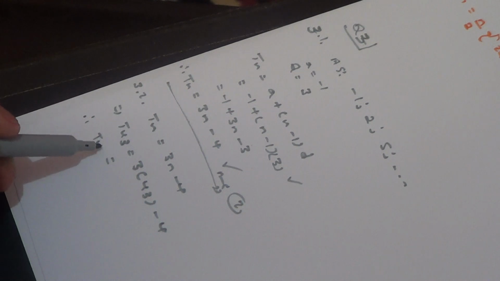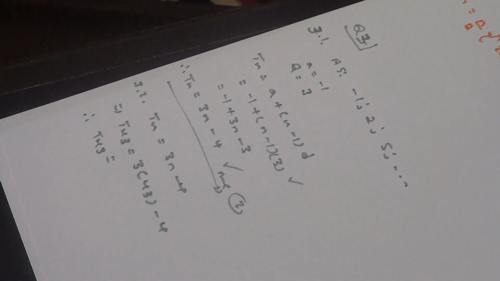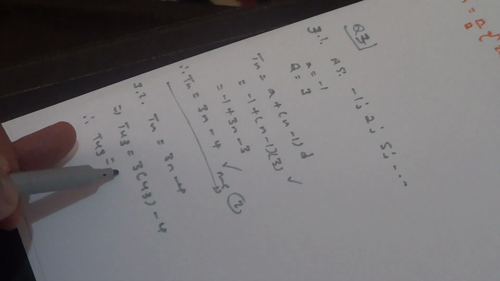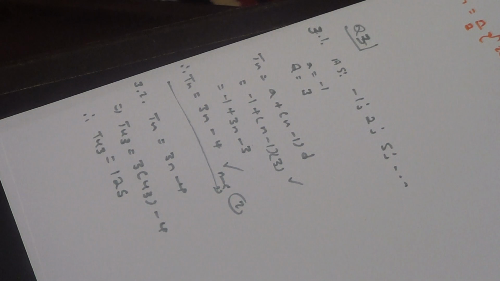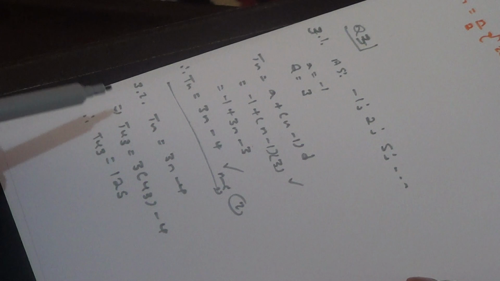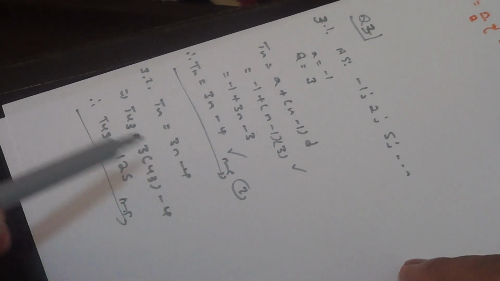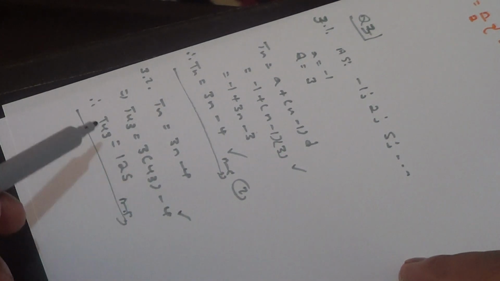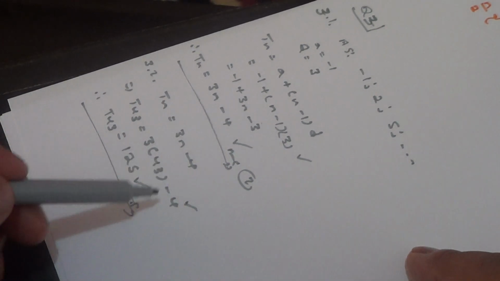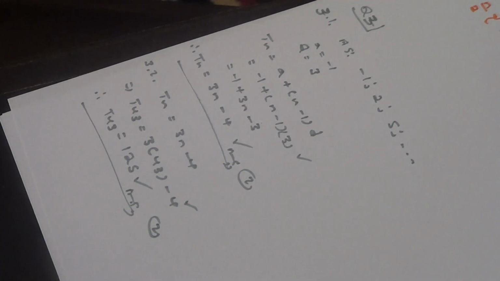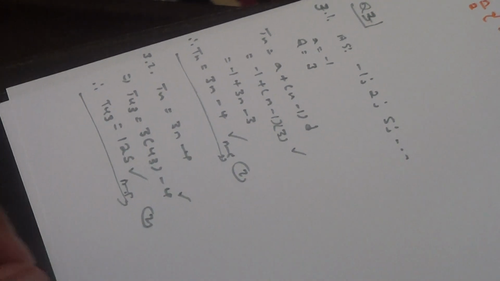Therefore, T43 will be equal to, now 3 times 43 is 129 minus 4. I get 125. Alright, great. Not a problem. So here again, correct substitution into the correct formula, and the answer is just 2 marks. No problem over there.